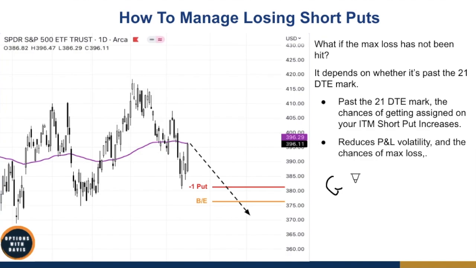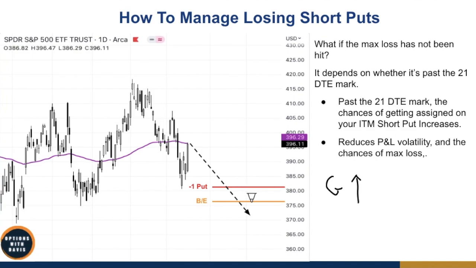When gamma, which is the rate of change of the option delta, starts to really pick up, your option pricing becomes very sensitive to the underlying move. Before, if the underlying moves, let's say, $1, maybe your option price may only move by around 20 to 30 cents. But if the gamma becomes so big, then guess what? A $1 move in the underlying stock could result in maybe a 60 cents move, a 70 cents move.